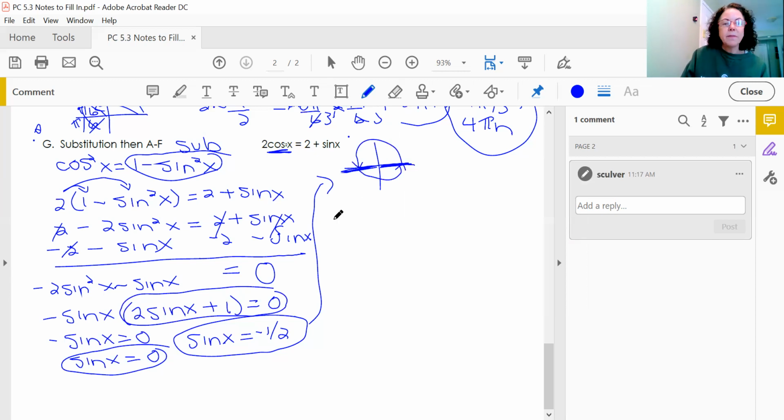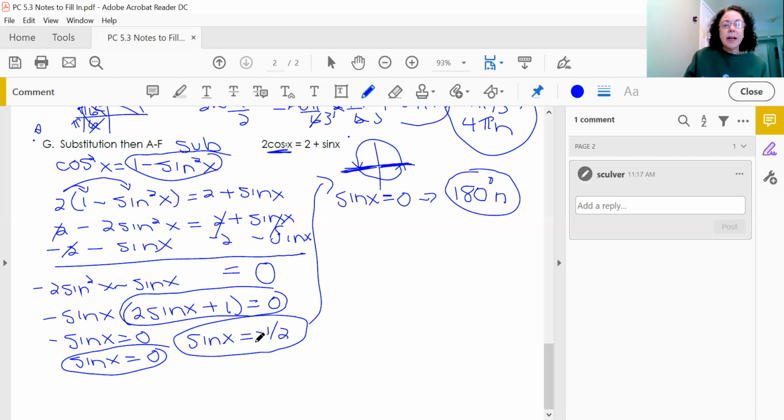So for my first, where sine of x equals 0, I'm going to do this in degrees, every number of 180 degrees, right? If my n is 0, I get a 0. If my n is 1, I get 180, and it keeps repeating every 180 degrees.